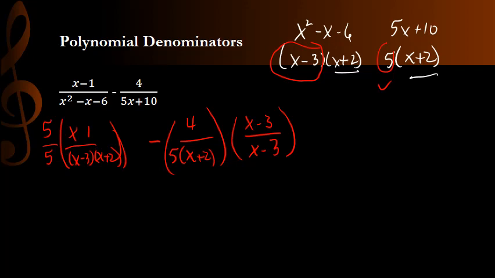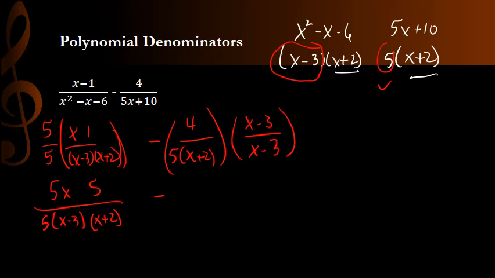All right, let's do the left side and then the right side. Numerator times numerator is going to give me 5x plus 5, over 5 times x minus 3 times x plus 2, denominator times denominator.